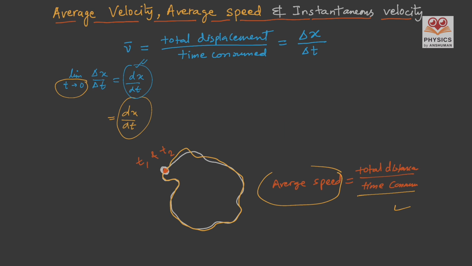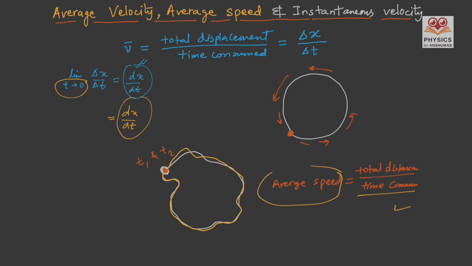In the case of circular motion, when an object moves on a circular path, what happens here? There is a circle. Suppose the object started from one point, and after a certain duration of time it reaches the same point.